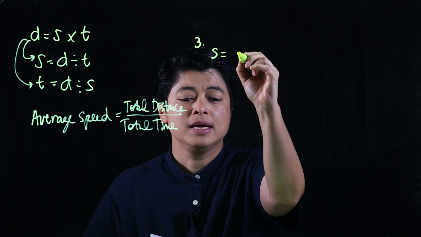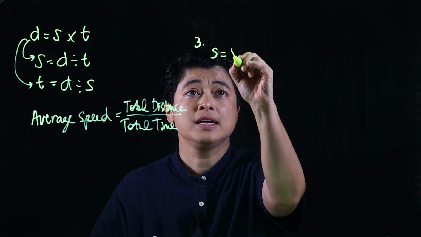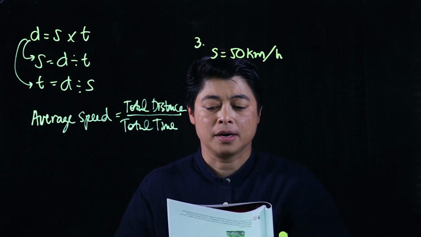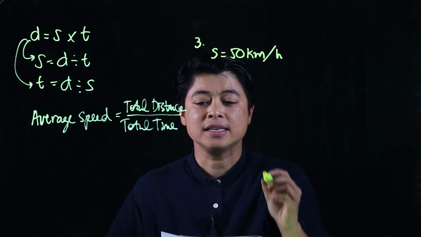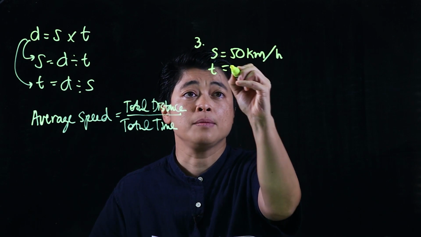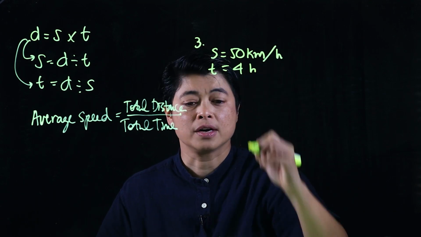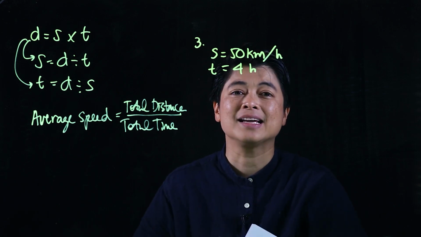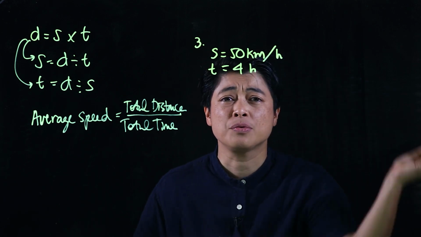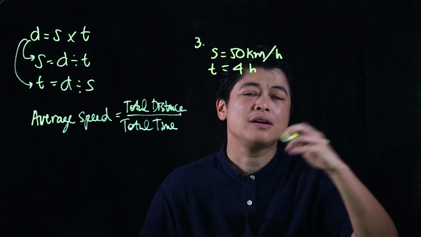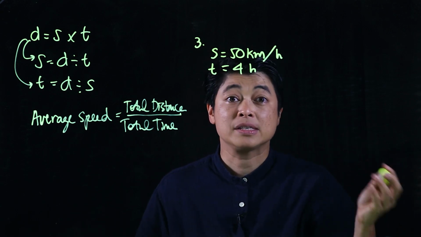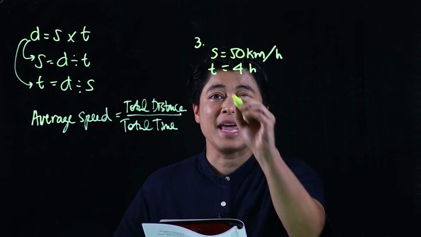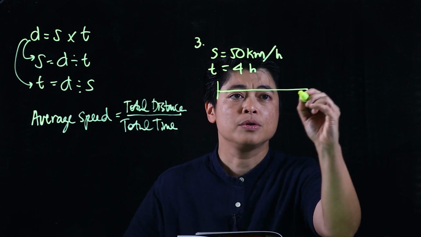The speed is 50 kilometers per hour, and then it says 4 hours, so time is 4 hours. For these word problems, it's ideal that as we read, and there's information, we write it down right away and not read the whole problem first, because then you just have to reread it again. So this is from A to B.